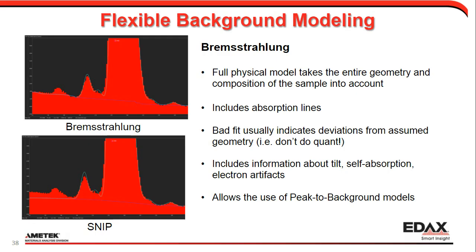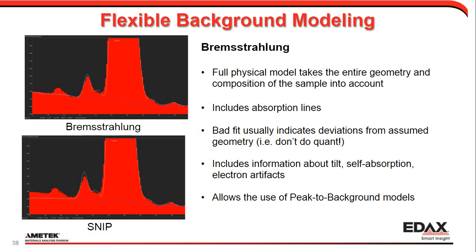The Brimstone background model is a full physics model. It takes the entire geometry and composition of the sample into account. If the fit is bad, it usually indicates deviations from assumed geometry. So it's an indicator not to do quant.